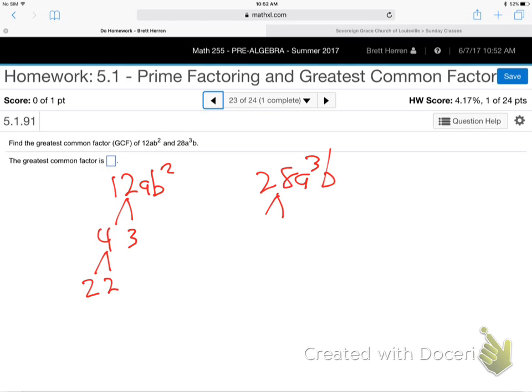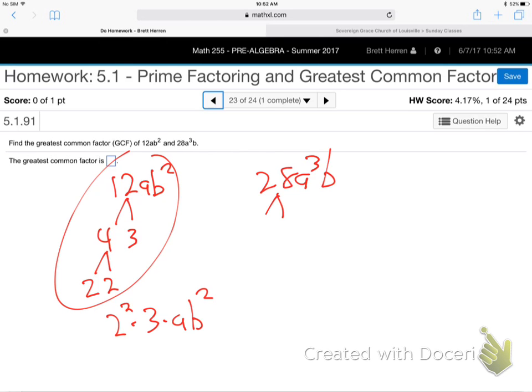So we've got the 12 is 2, 2, 3. Does that make sense? So in other words, this whole thing is 2 squared times 3 times ab squared. Everybody good there?